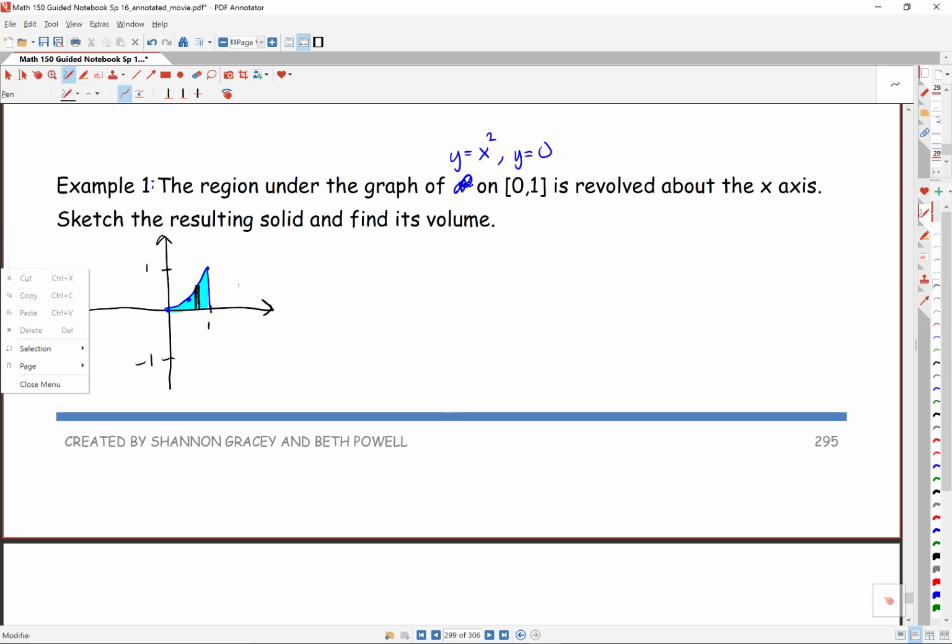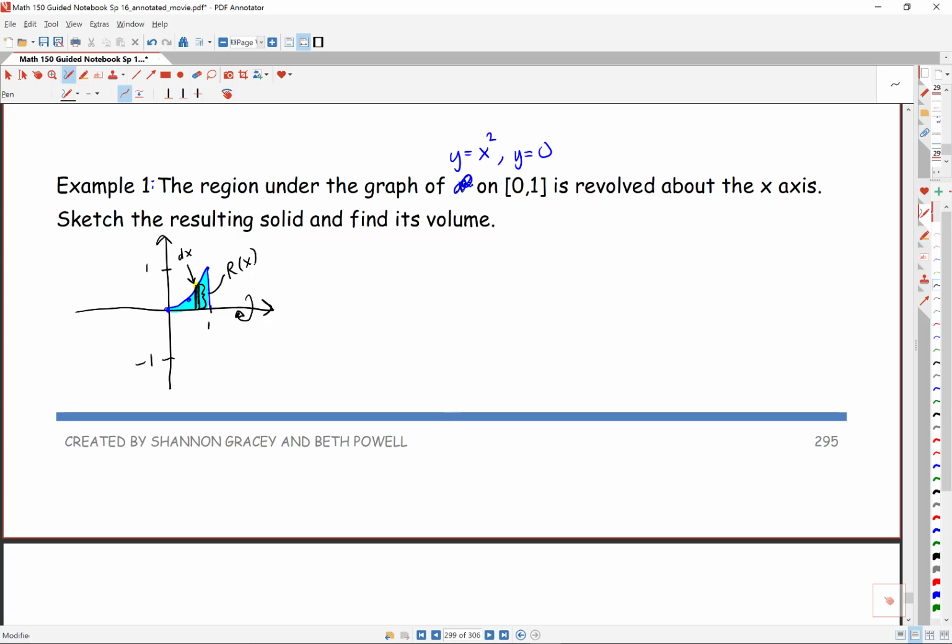And what will happen is we've got our representative rectangle, and this little tiny length right there, do you remember what that was? It's going to be our dx. And then this length here is going to be our capital R in terms of x. Can anyone tell me what that is? Beautiful. It's just equal to x squared.